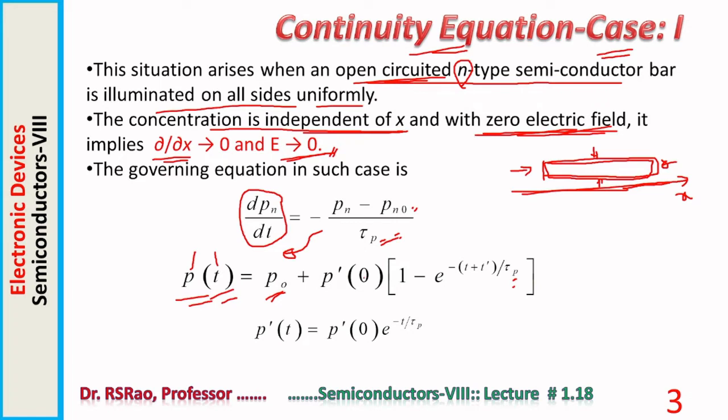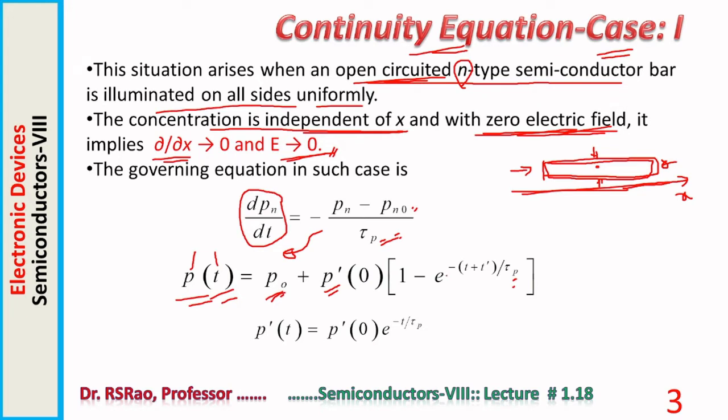Notice the hole concentration at a point in the slab consists of two components, one due to thermal generation and another due to illumination. P' denotes that it is due to illumination. P0 means that due to thermal generation.